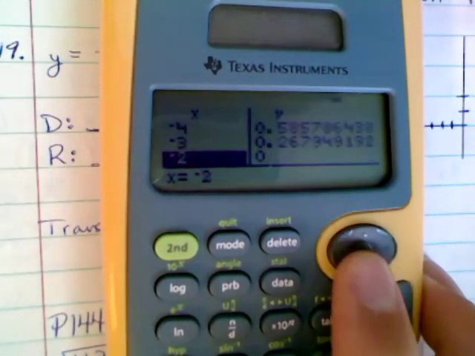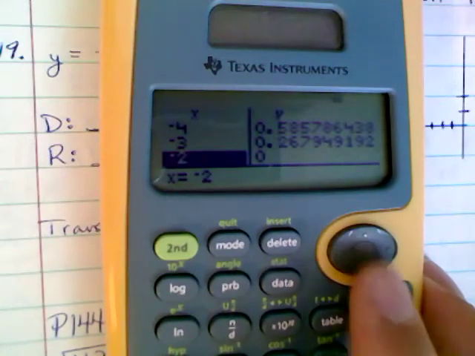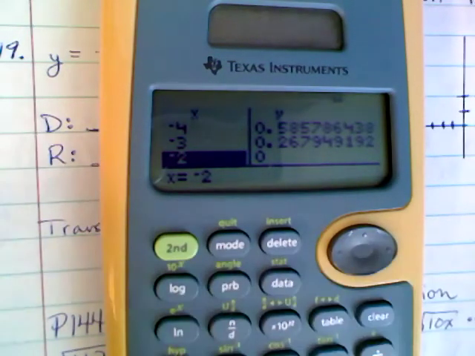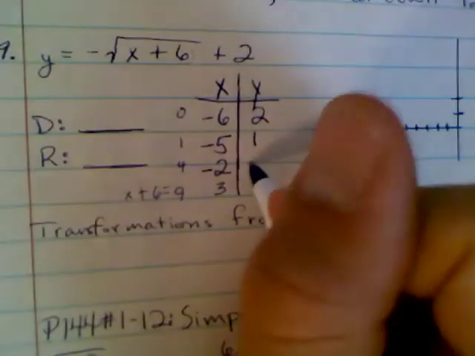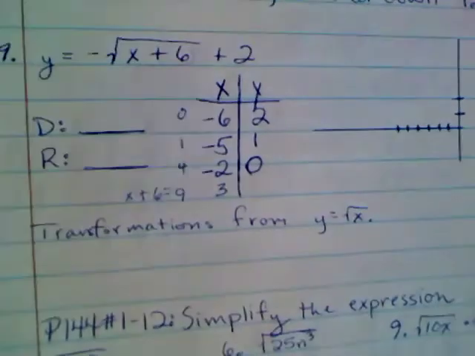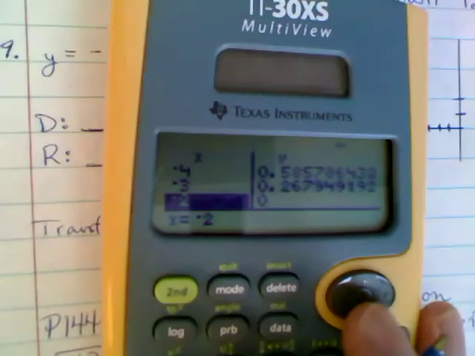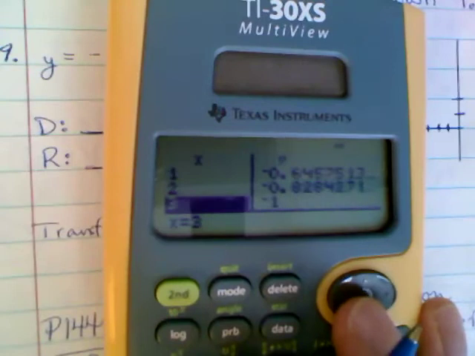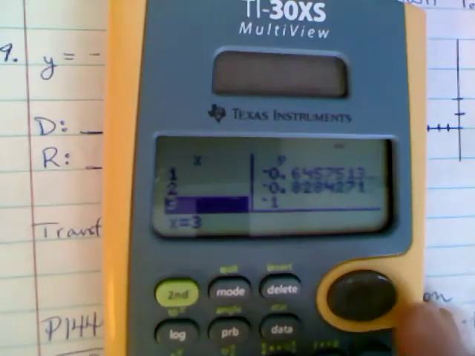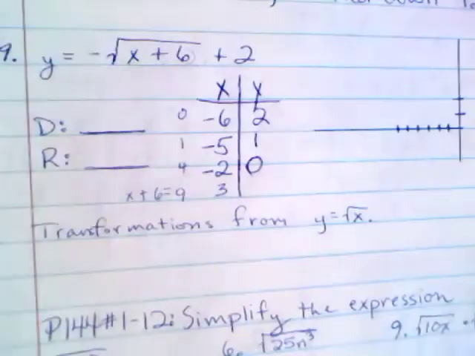I wouldn't really know how to graph those. But here we are, -2 comma 0. And you notice that's the value that I picked here, -2 comma 0. And then we should look for +3 in our next entry. That should be our next whole number y value. And it is 3 comma -1.